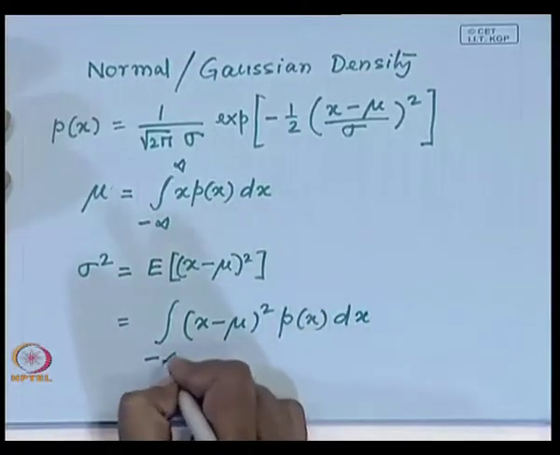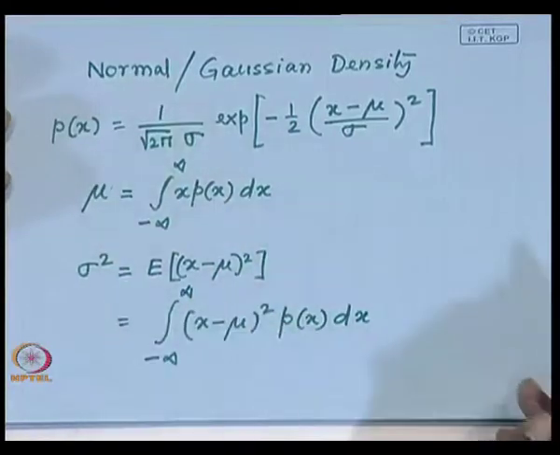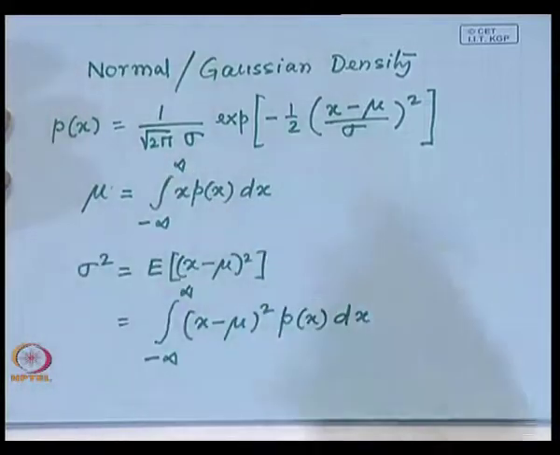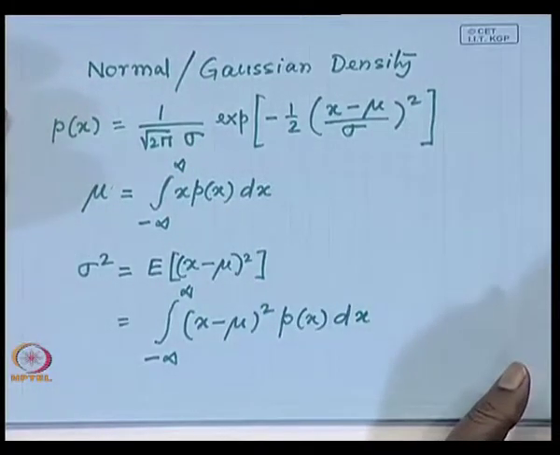Again you take the integral from minus infinity to plus infinity. Okay. So, this is the expression of the normal or Gaussian density in a single variable case.